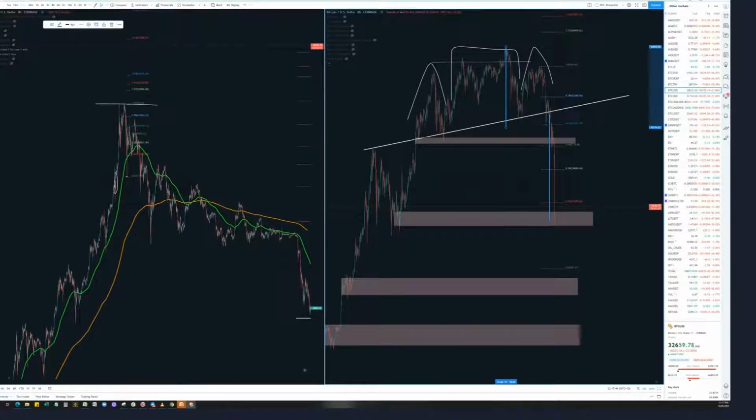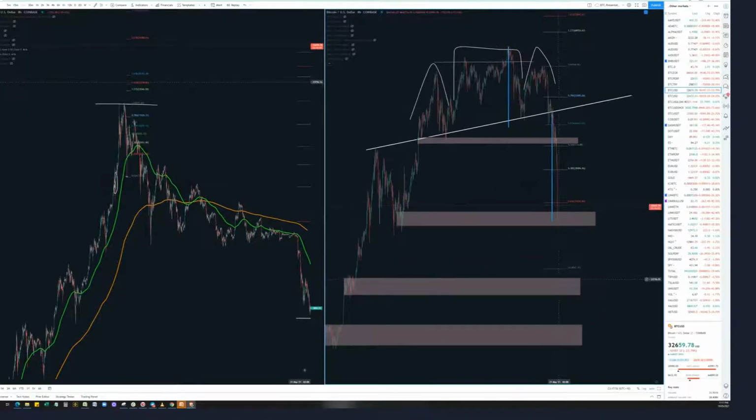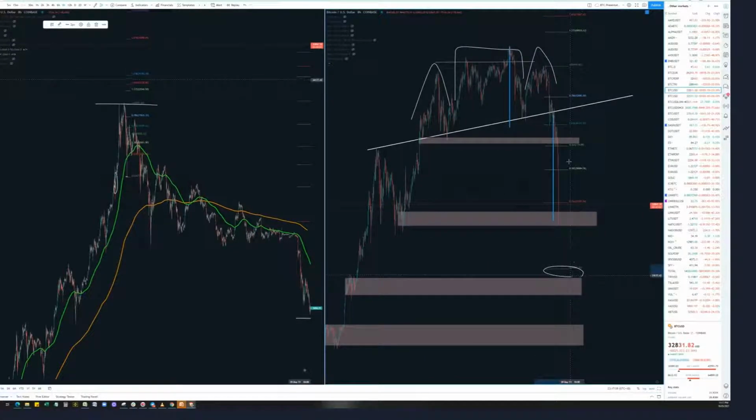I could be wrong, but the other target is much lower, which is down here. Now, if you haven't looked at a lot of people's versions of Wyckoff's redistribution model, we just play that out. If that was a Wyckoff distribution, which is a top formation, this level is the neckline for it.